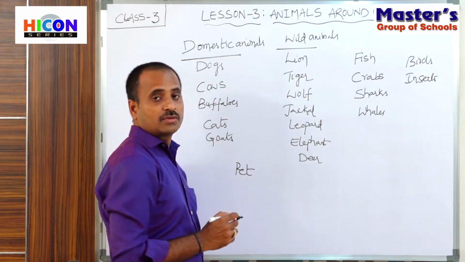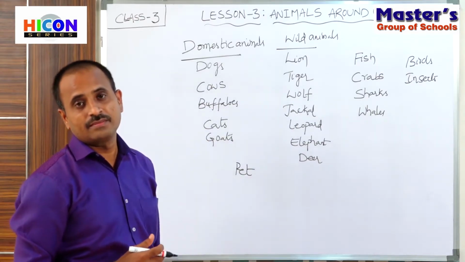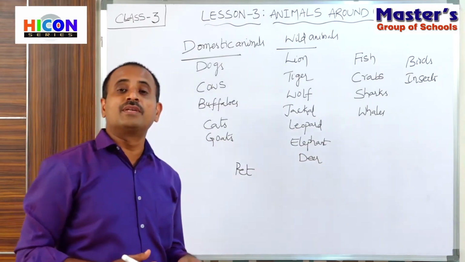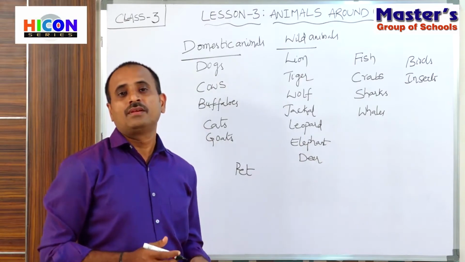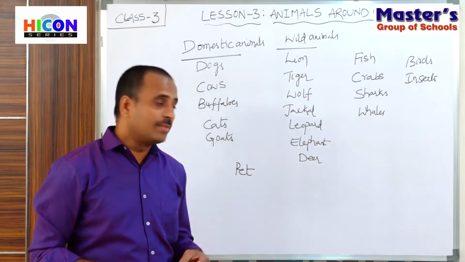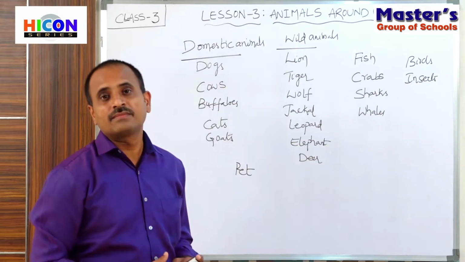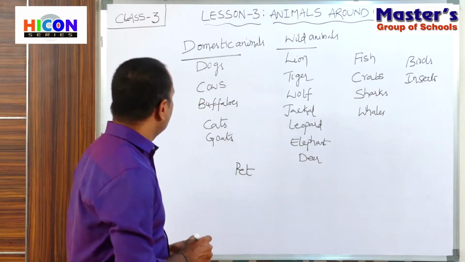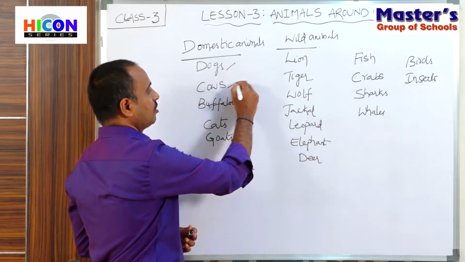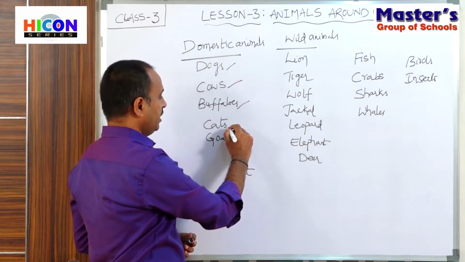What are the examples of pet animals? Which type of animals can be grown in our houses? Which type of animals can help us? For example, dogs, cows, buffaloes and cats.